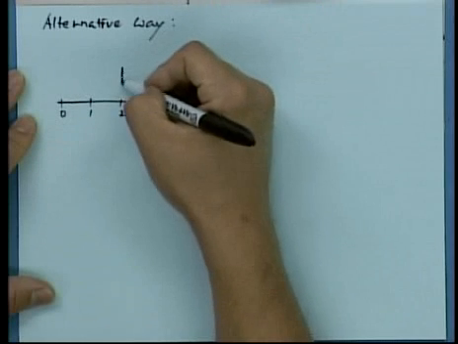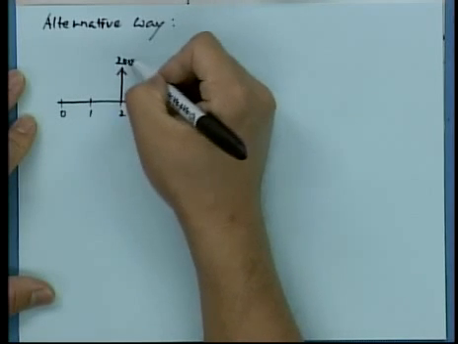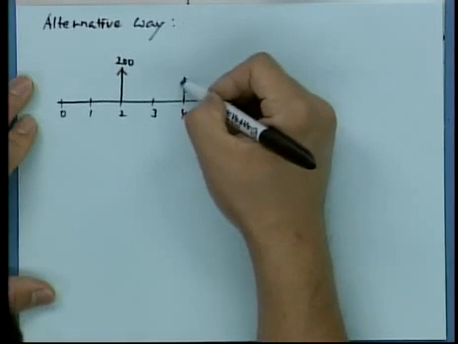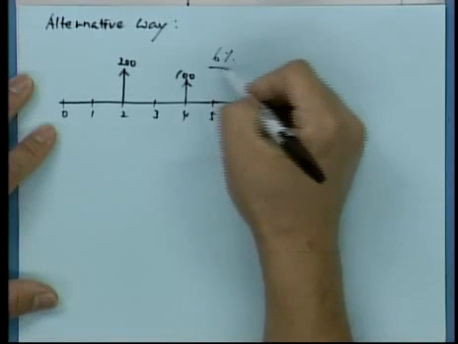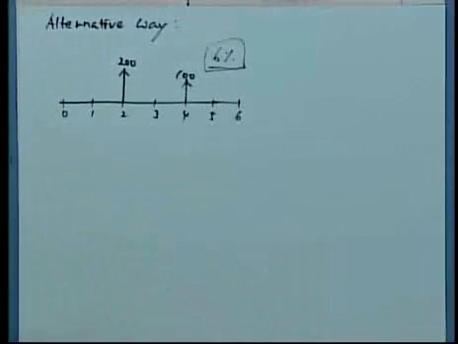At the end of period 2, there is 200. At the end of period 4, it is 100. We are using a 6% interest rate.